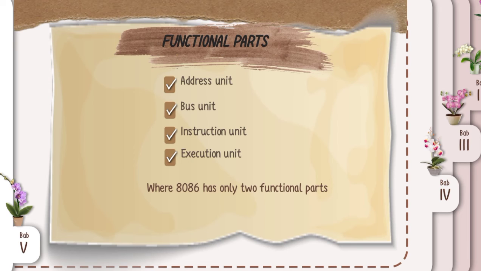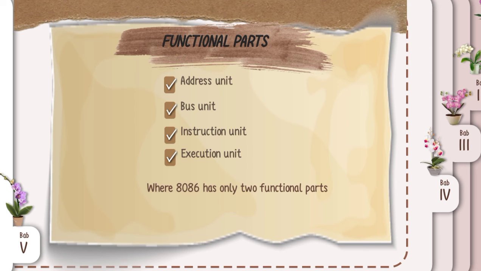The Intel 80286 microprocessor has four functional parts, namely the address unit, bus unit, instruction unit, and execution unit. So its difference from the 8086 microprocessor is that the 8086 only has two functional parts.